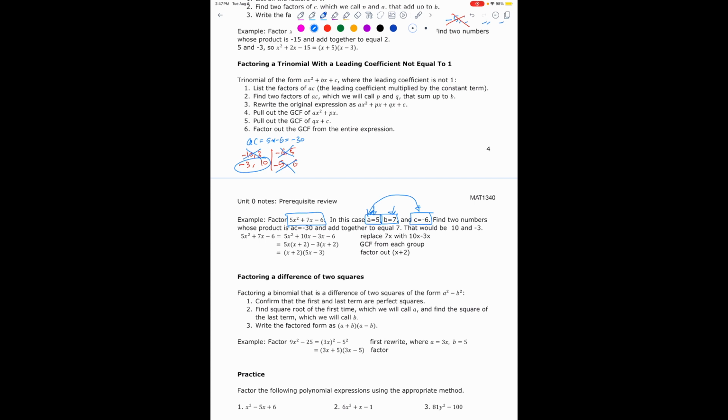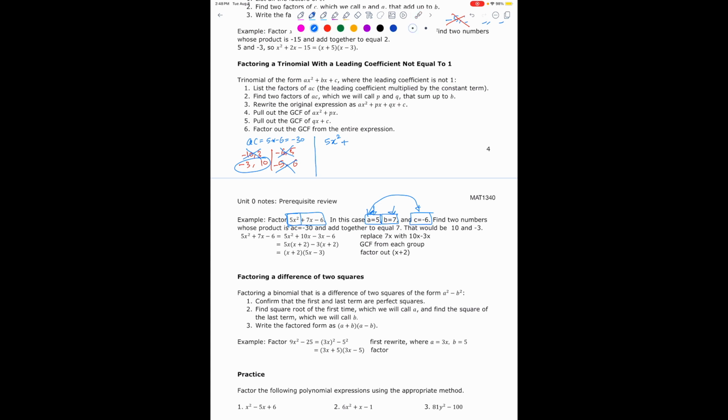Now, I'm going to rewrite the middle term so it's the sum of those two numbers. So I will keep the first term as it is, 5x squared, and then I will have plus. Now, I notice that the first number I have here is 5, so I will choose the number that has a common factor with 5, which is in this case the 10.